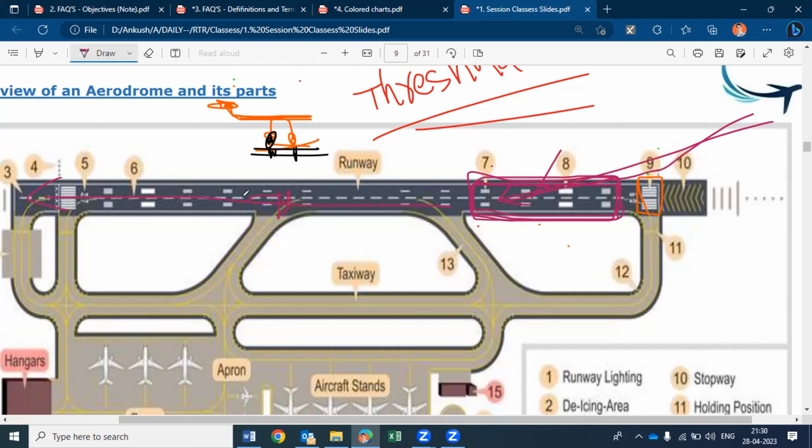It makes the brakes hot. उसका ब्रेक गर्म हो जाएगा, उसमें आग लग सकती है. उसका थर्स्ट रिवर्सर एक्सेसिव पावर पे चला जाएगा, जो इंजन पे एडवर्स इफेक्ट डालेगा. सो द बेस्ट प्रैक्टिस इज लैंड योर एयरक्राफ्ट इन द टच डाउन जोन ओनली. Everyone understood what is threshold, touchdown point, touchdown zone, sorry?